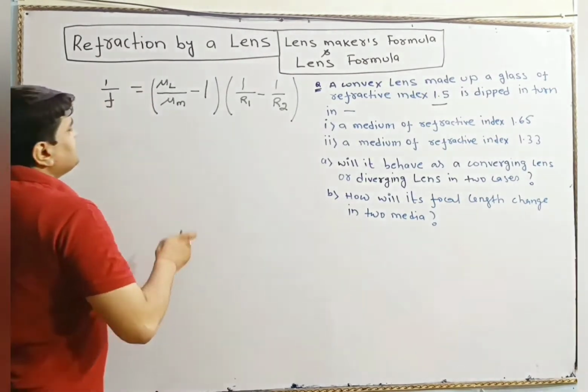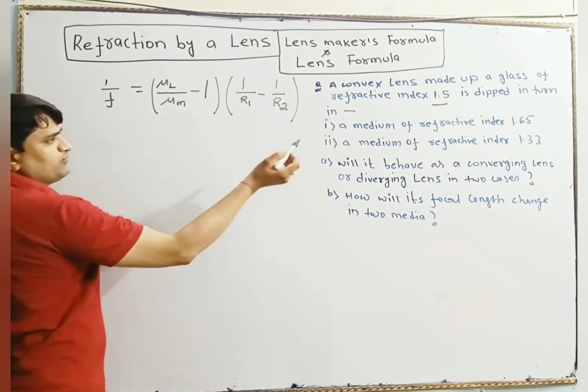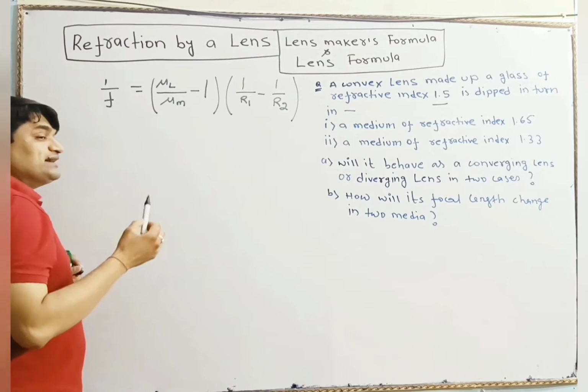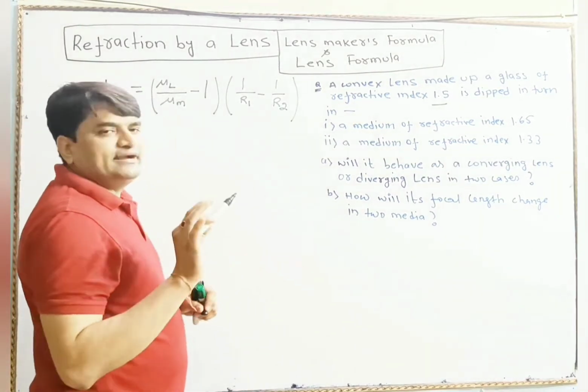Here mu_L is the refractive index of the lens, given as 1.5, and mu_M is the medium in which the lens is immersed or dipped.